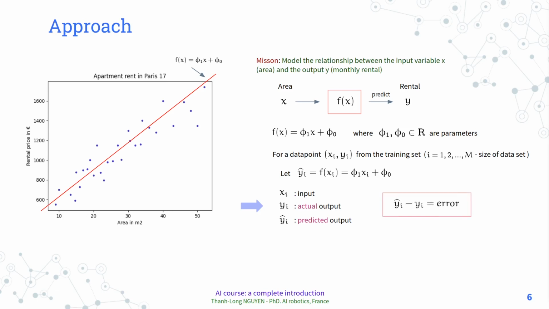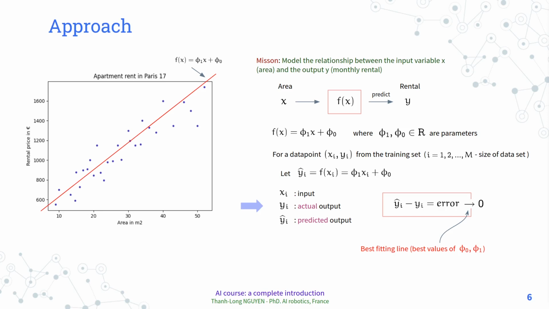And the difference between the actual output and the predicted output is called error. Obviously, if f of x is the best estimator of y, this error must be as close as possible to 0. In other words, the best fitting line, or the best values of phi0 and phi1, will minimize the difference between the actual output and the predicted output.